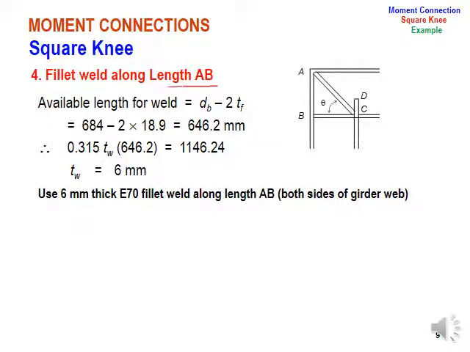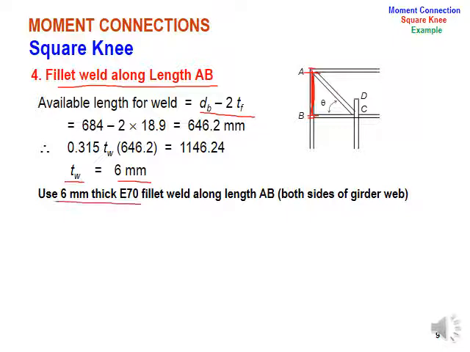Then the fillet weld length along the length AB will be DB minus 2TF. So the available length for the weld is DB, the total depth of the beam, and you are subtracting the flanges out of it. So first of all, you are providing the weld just for the web. So you are providing it like this, and TW can be calculated as 6 millimeter.